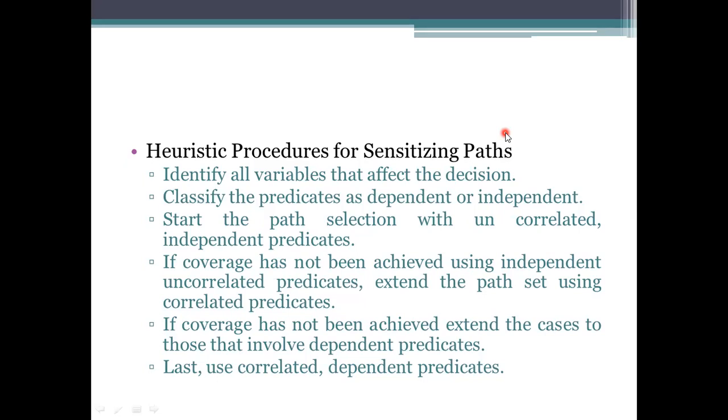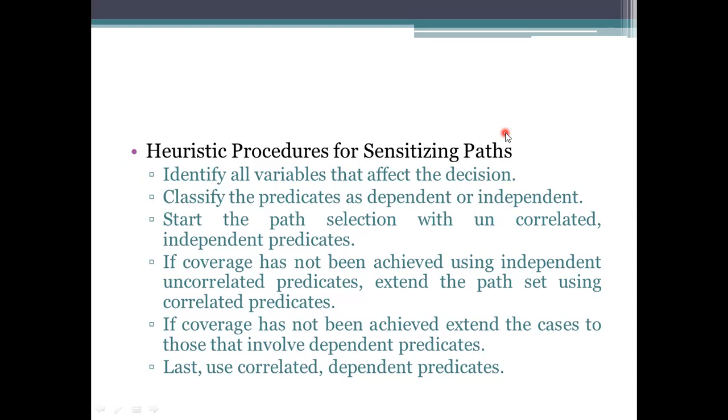Not all the variables will be taken for processing. We need to classify these predicates as dependent and independent. That means if any change in that variable changes a true value to false or a false value to true, we need to identify it. So we need to find out dependent and independent.